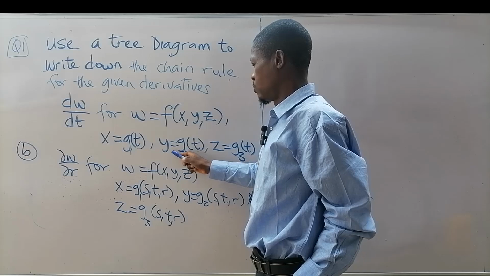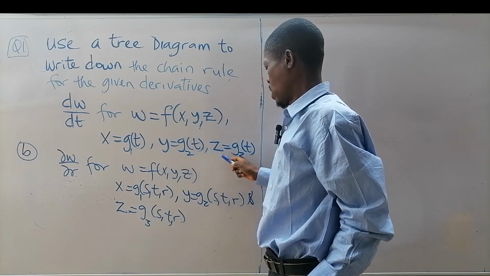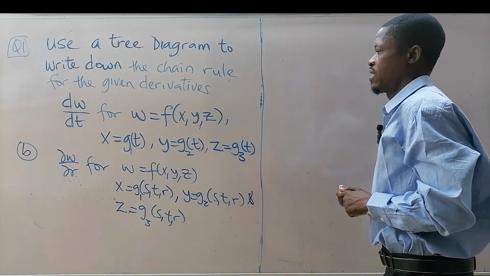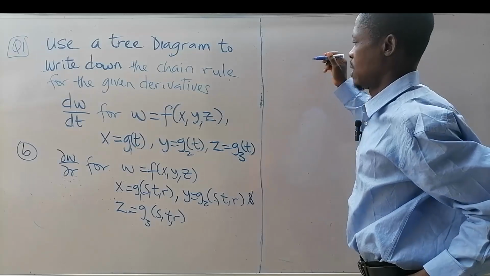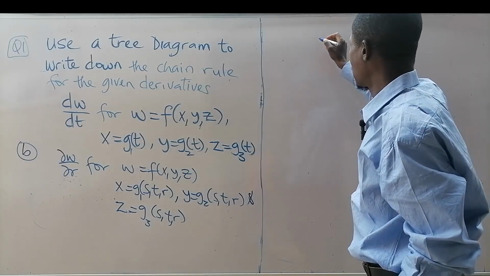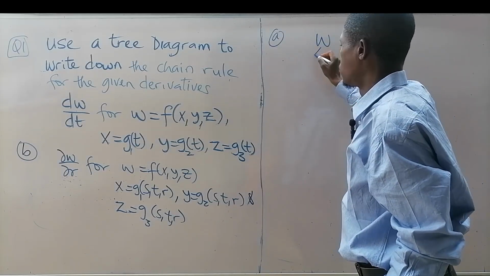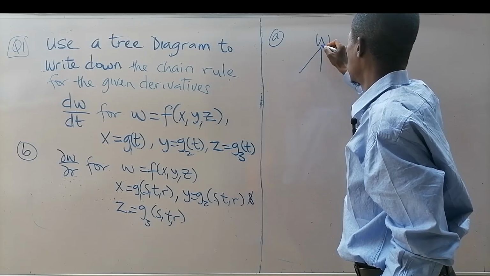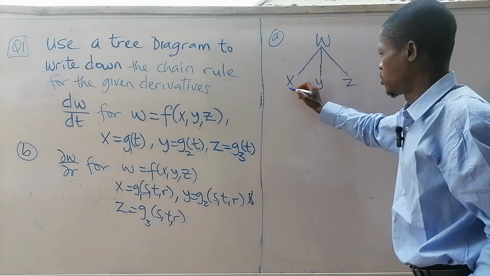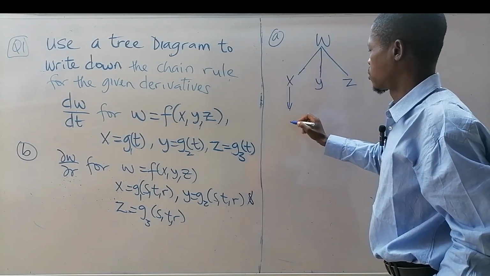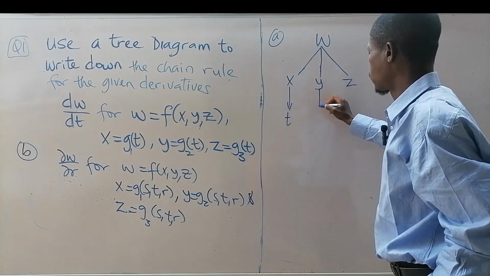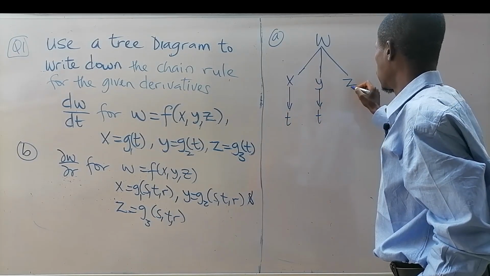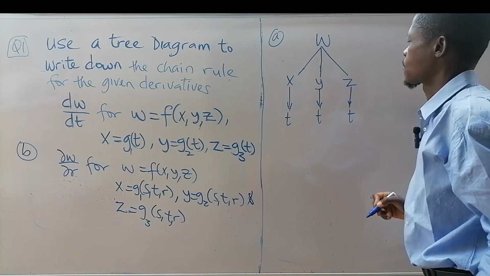Y also is a function of t, and so is z. So for the first case, the tree diagram is going to be this. W is a function of three variables, and this one is a function of what? The function of t. This one is a function of t. This one is a function of t.